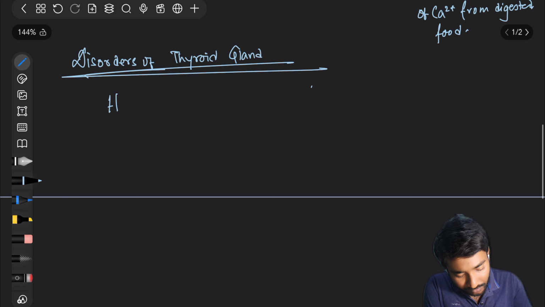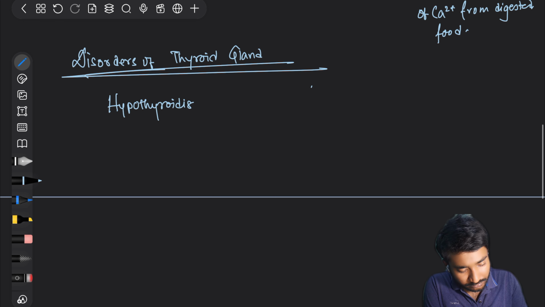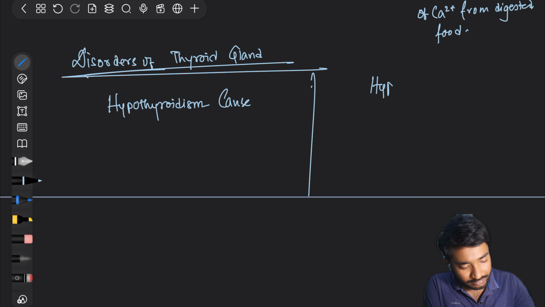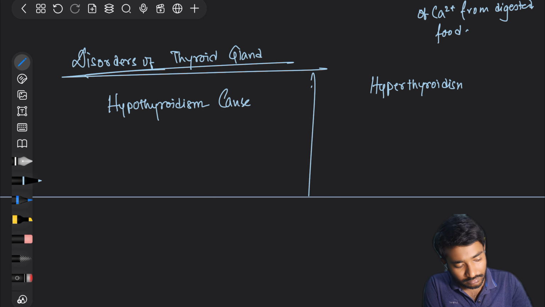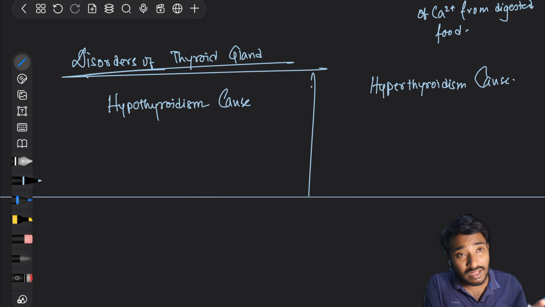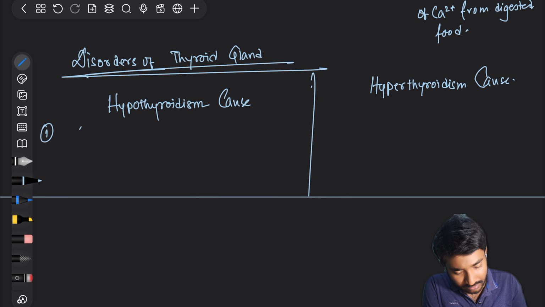They consist of hypothyroidism as well as hyperthyroidism. In hypothyroidism, we have goiter, that is the enlargement of the thyroid gland.